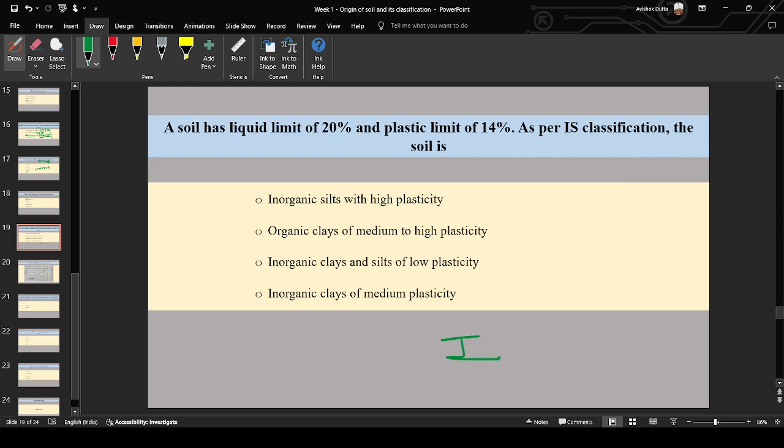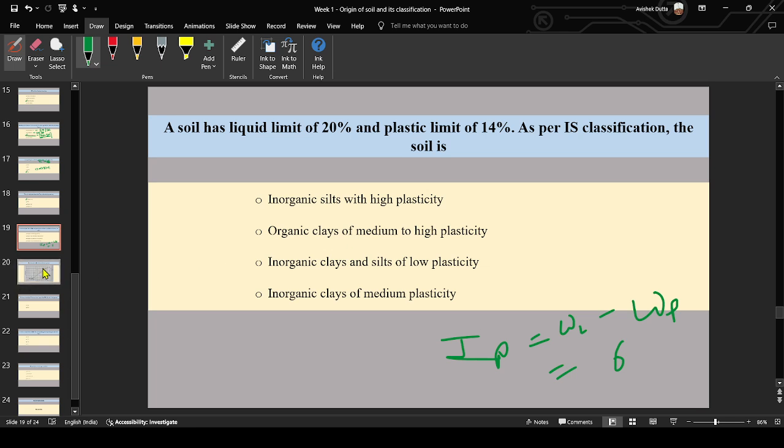IP equals liquid limit minus plastic limit, 20 minus 14. So this is how much? It is 6. Plasticity index is 6.